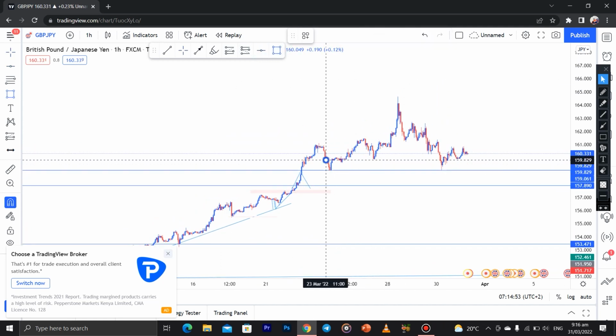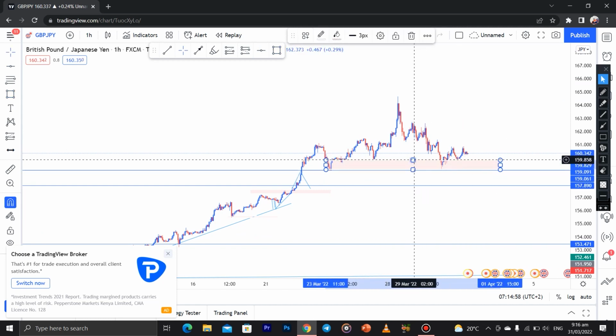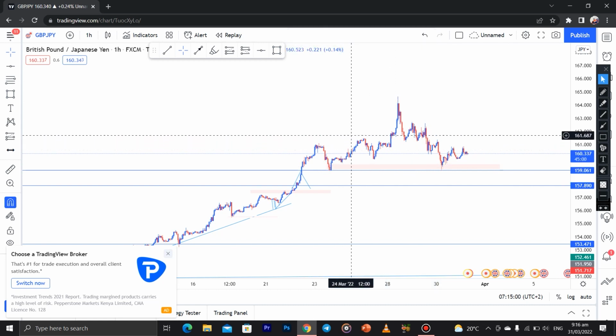Now the second thing is you can use a trailing stop loss. A trailing stop loss is just going to help you lock in some profits. So let me show you an example. I'm going to illustrate it manually.